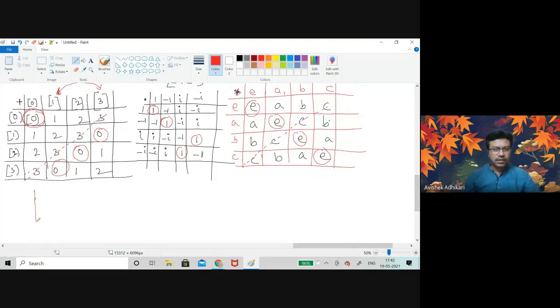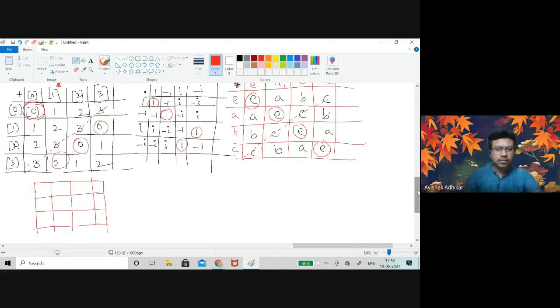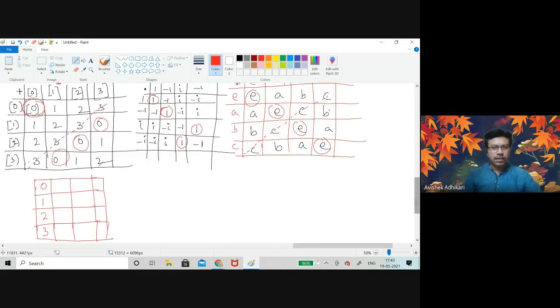If I change like this, then what will happen? The first will remain the same: 0, 1, 2, 3. The second and fourth you told, so the fourth comes here: that means 3, 0, 1, 2.